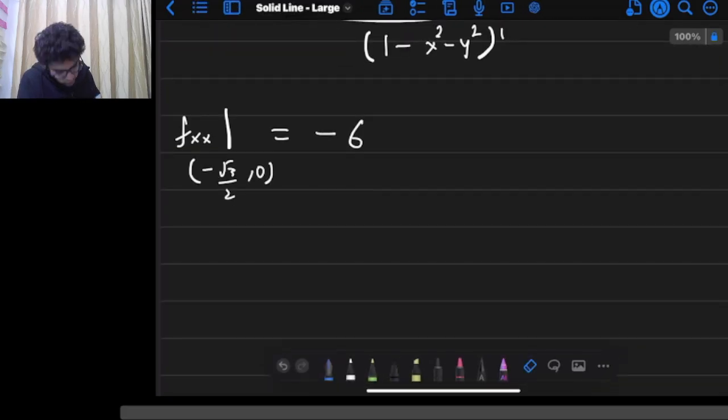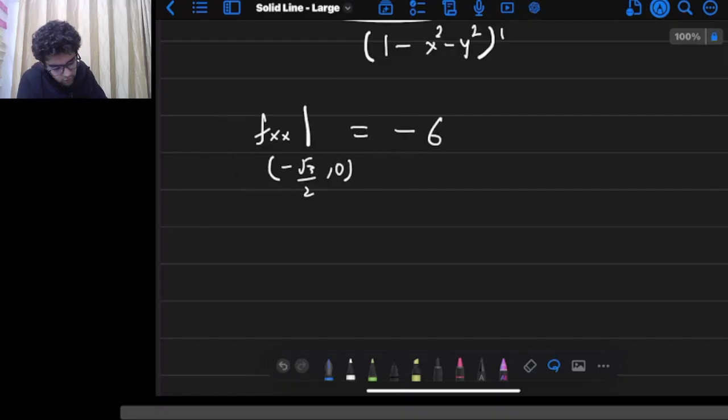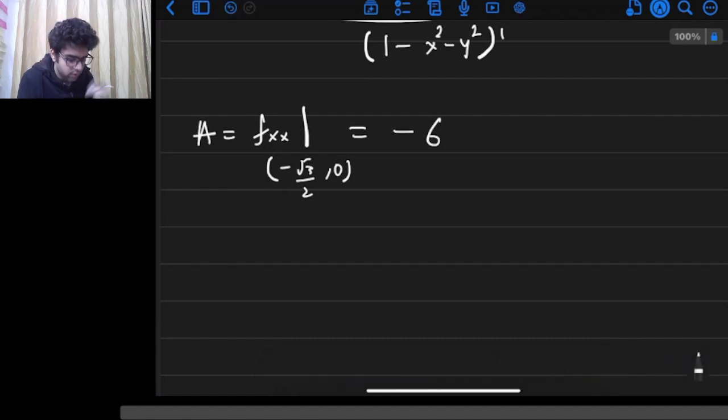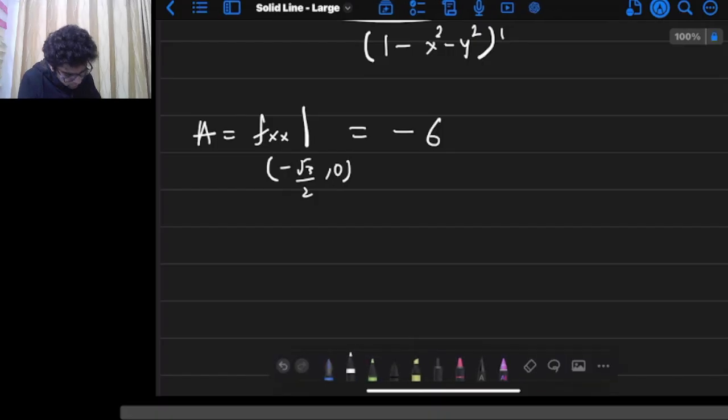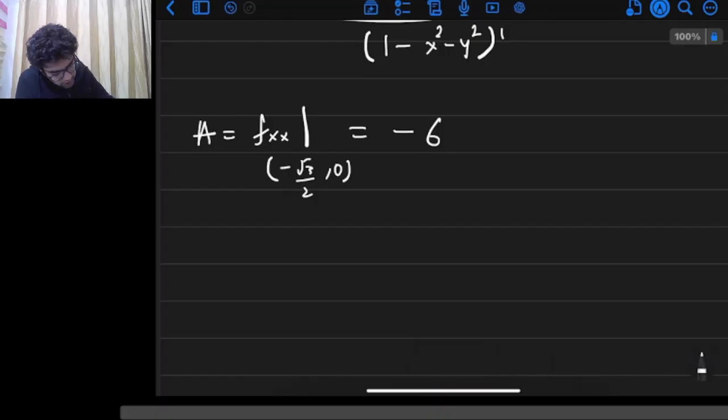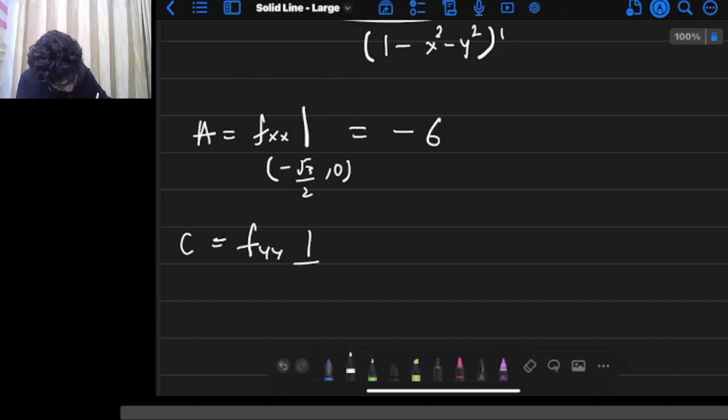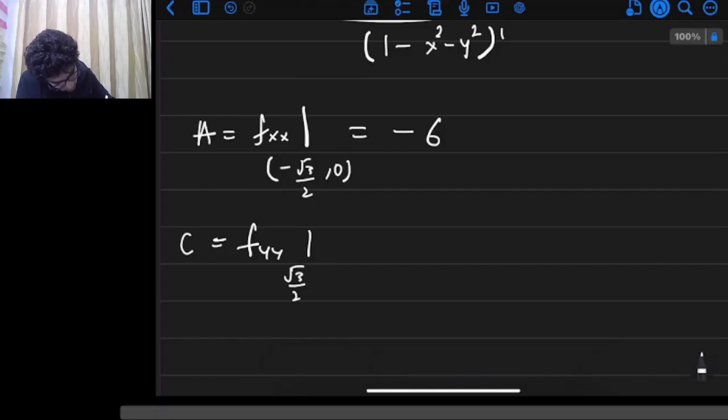So we have found that A is the same for both of these points, (root 3 by 2, 0) and (minus root 3 by 2, 0). Let us evaluate C now. C is fyy at (root 3 by 2, 0).